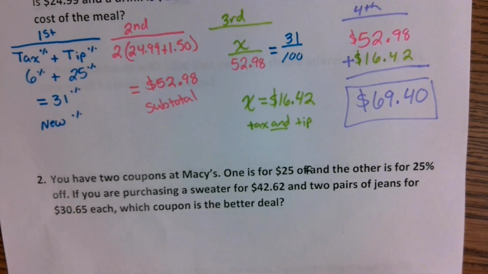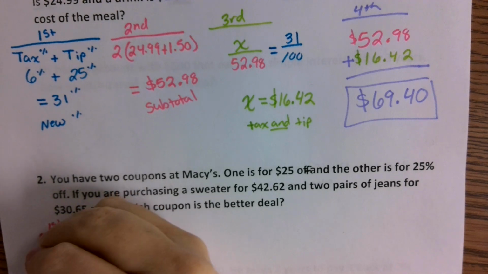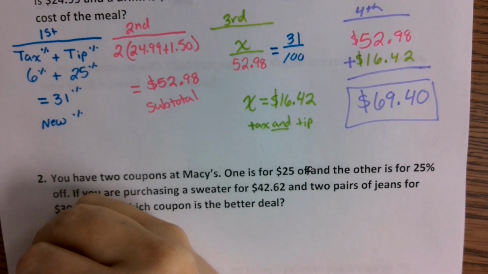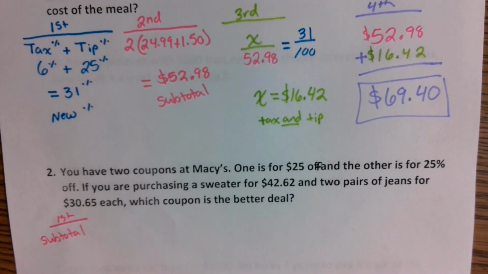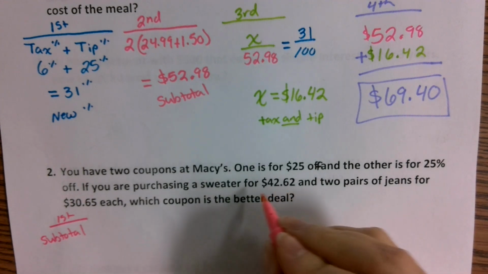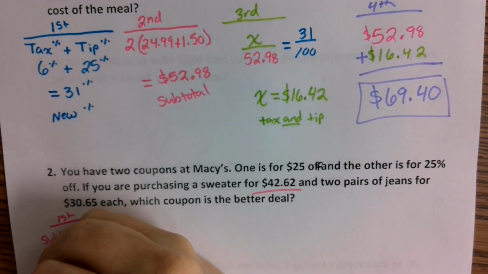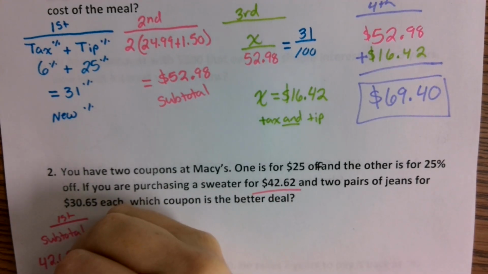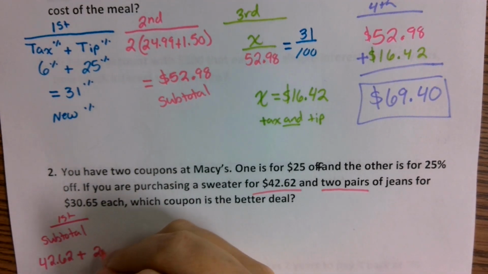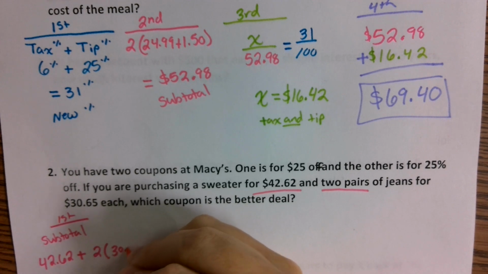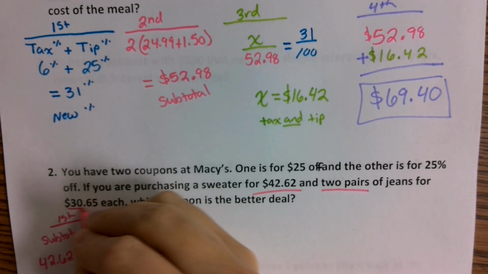So first thing that we need to do, first we need to find our subtotal. The subtotal means that you are adding your prices of everything that you're purchasing together. So you bought a sweater for $42.62, plus you bought 2 pairs of jeans for $30.65 each.